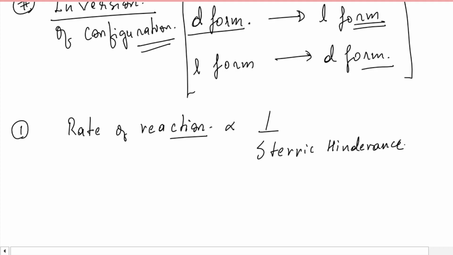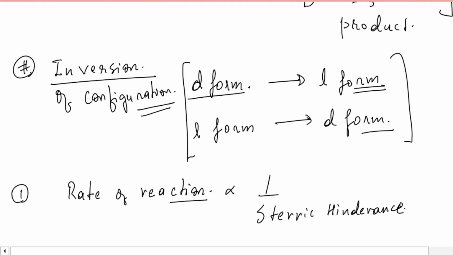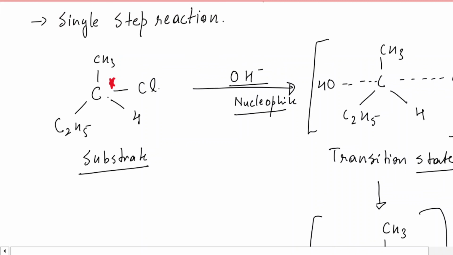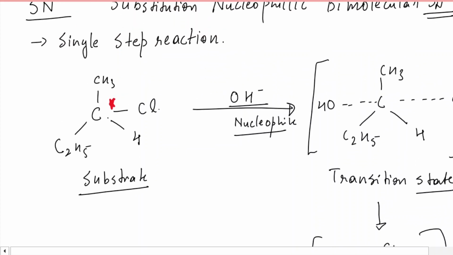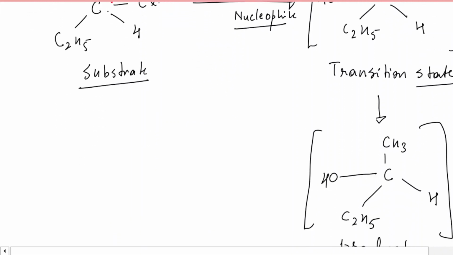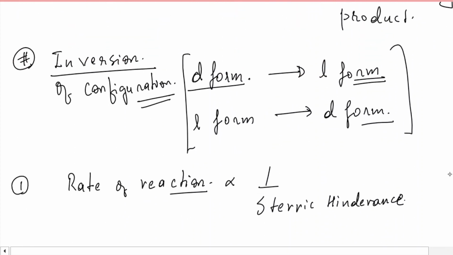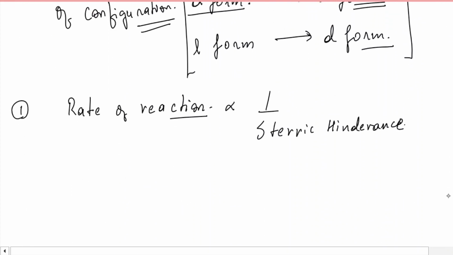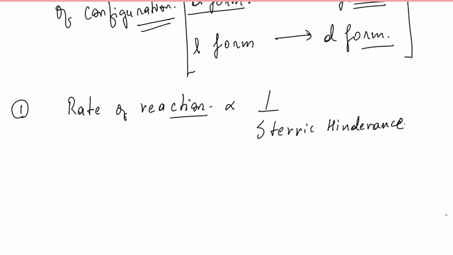Since the reaction is taking place in a single step, from one side the nucleophile is attacking, and from another side the leaving group is leaving. So the lesser the hindrance, the more the tendency for the nucleophile to attack.